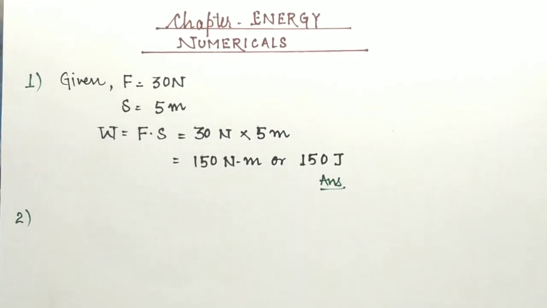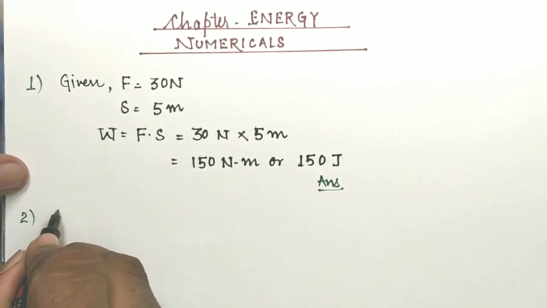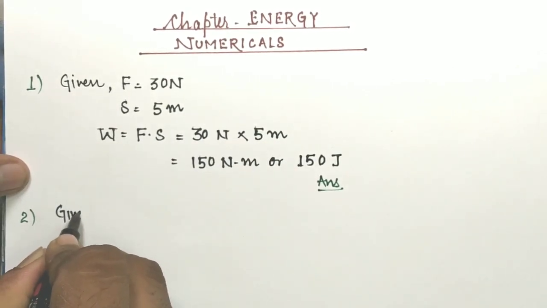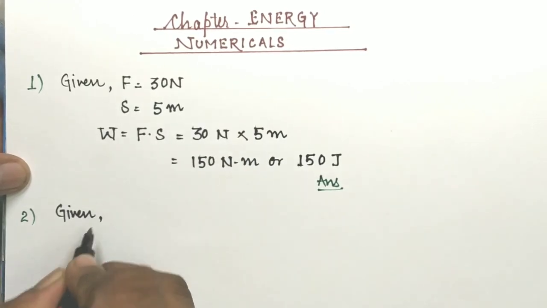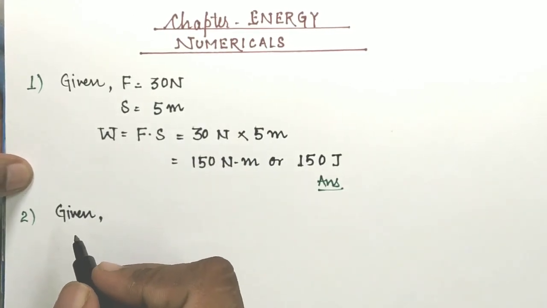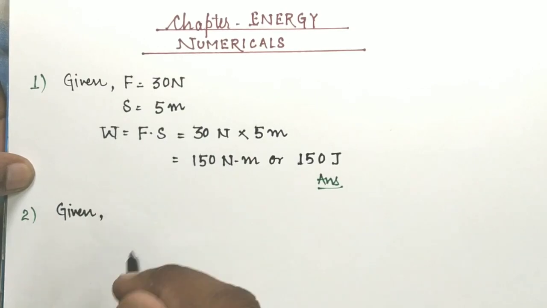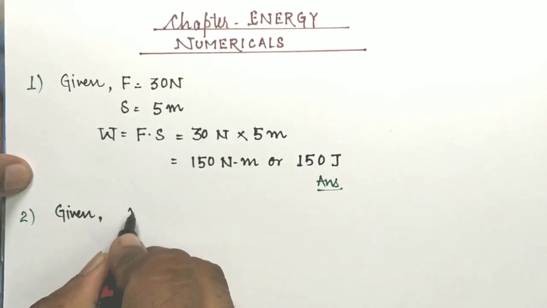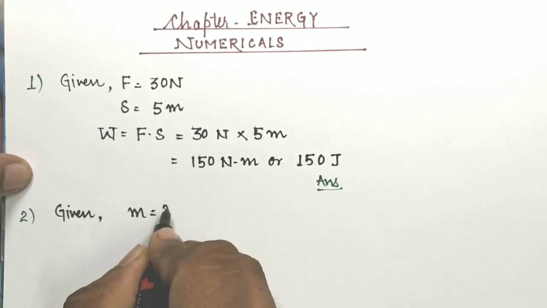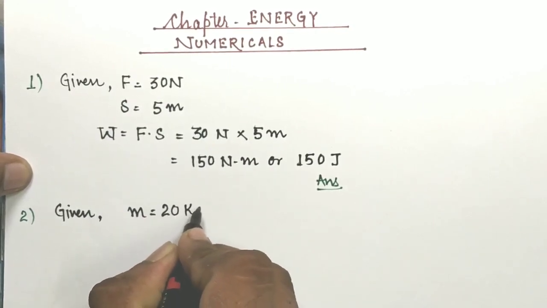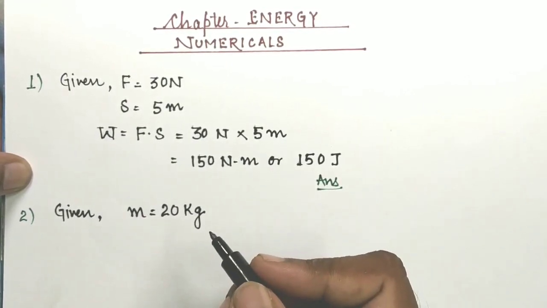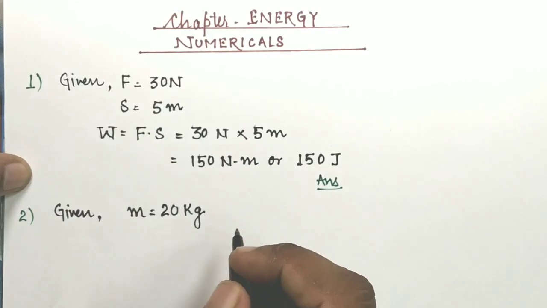The second question says a man lifts a mass of 20 kg. One by one we will write the given. What is given? A man lifts a mass of 20 kg, to a height of 2.5 meter.